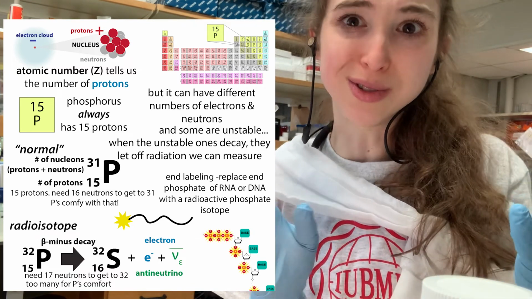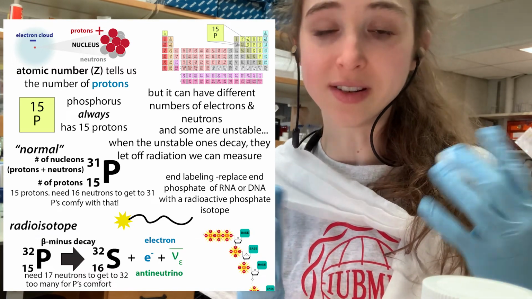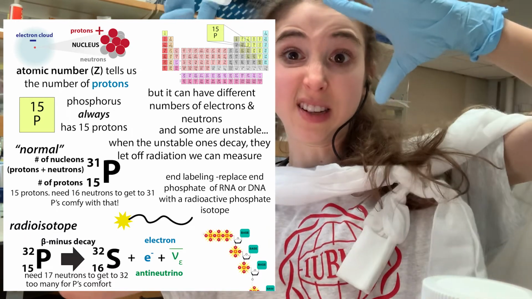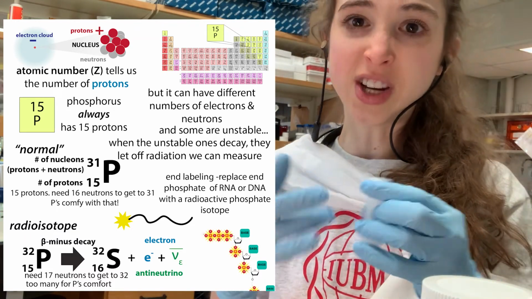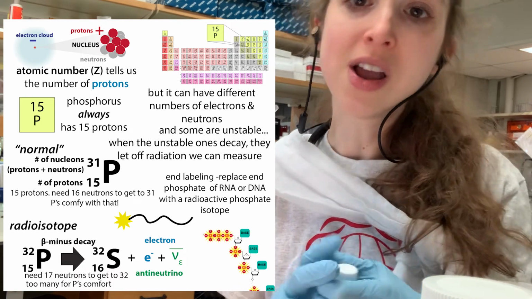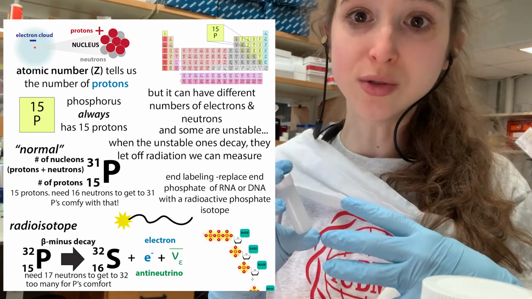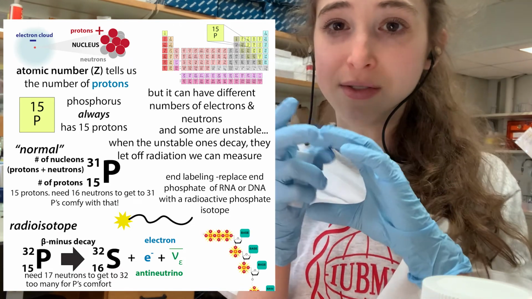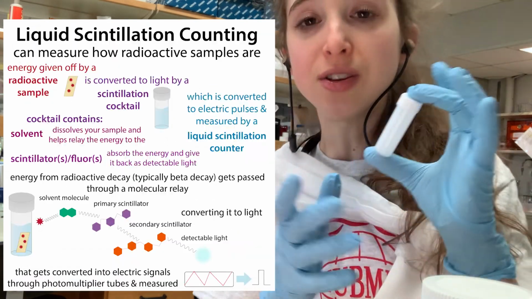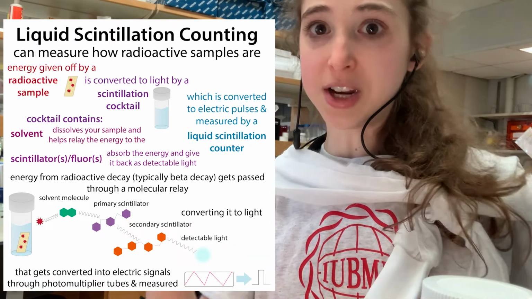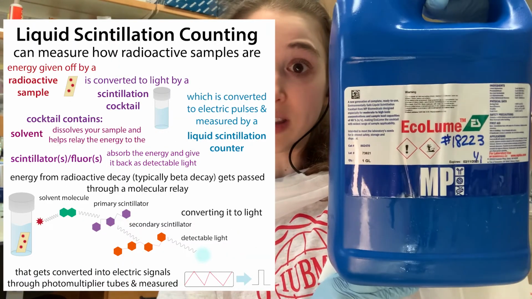So the other molecules aren't going to realize that something's weird, like they would if you had some big fluorophore conjugated, stuck onto your molecule. So it's a really helpful way to study things in their native environment using this radioactivity counting with scintillation.